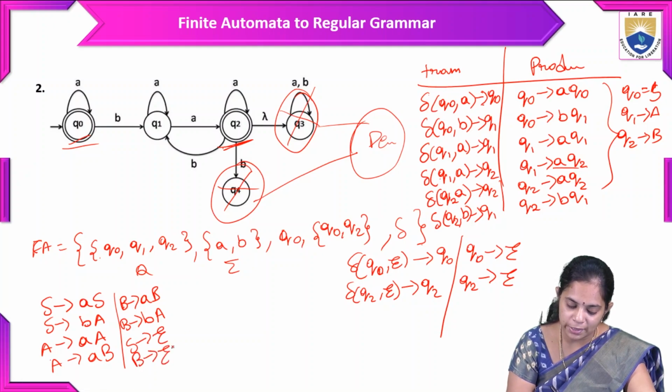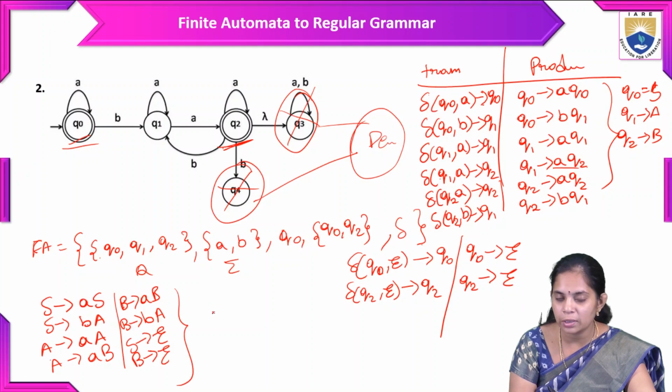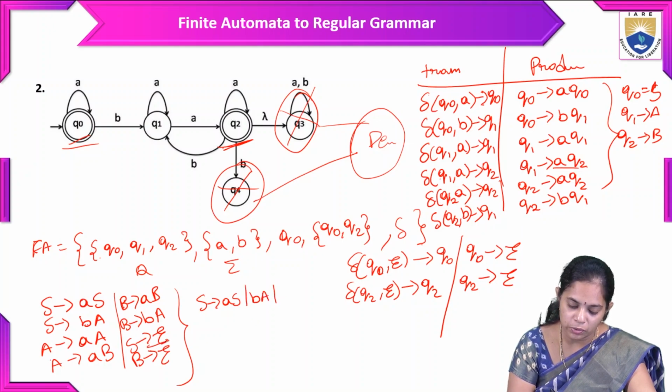So after summarizing all the production rules, we will write S tends to AS, BA, and also we have epsilon. And coming to the A production rule, capital A and capital B. Yes, that's it.